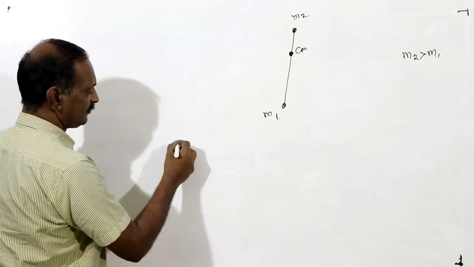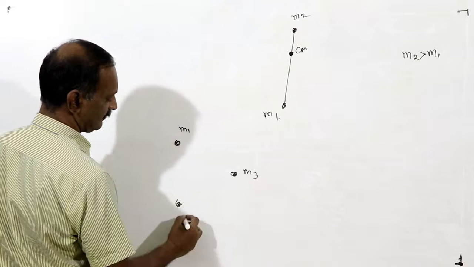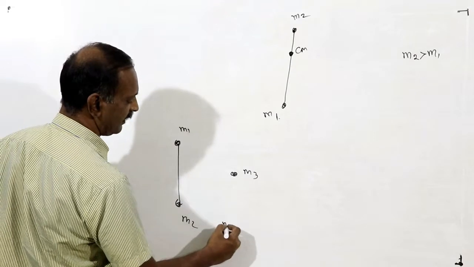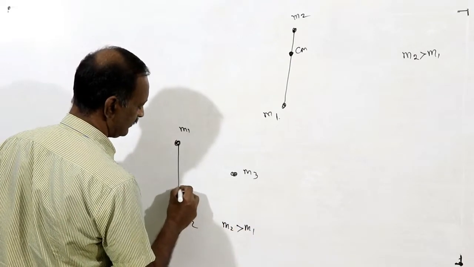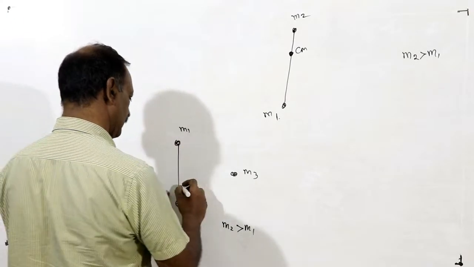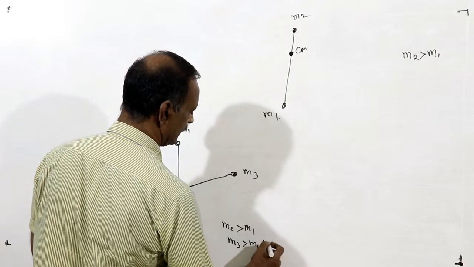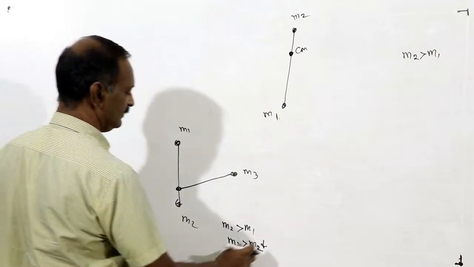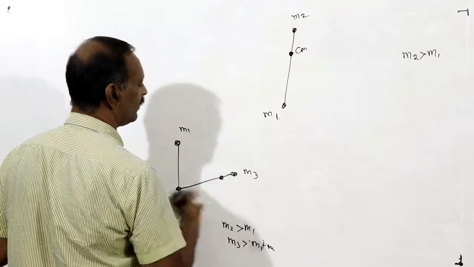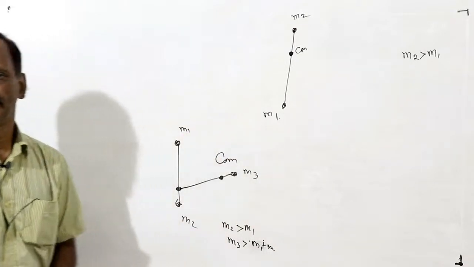Suppose there are three particles situated like this: m1, m3, m2. If m2 is greater than m1, the center of mass is located closer to the heavier body. If m3 is greater than m1 plus m2, it will be situated close to m3. This is the center of mass of a three-particle system located at three different positions.